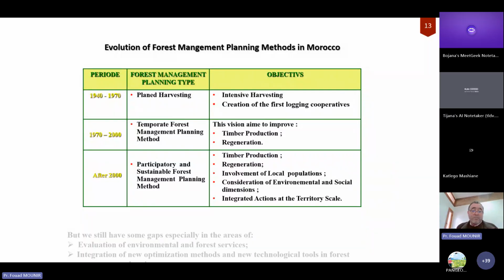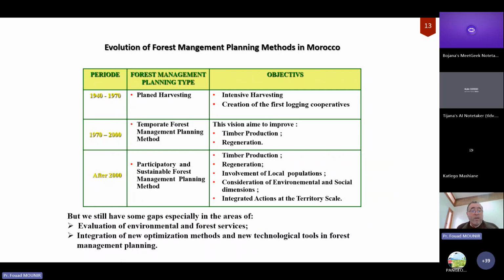But we still have some gaps, especially in the evaluation of environmental and forest services, and in the integration of new optimization methods and new technology tools in forest management planning.